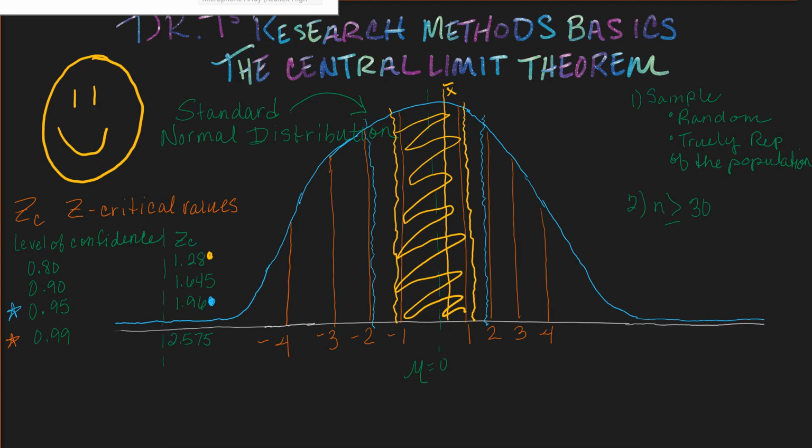We can find our sample mean, and if it falls between negative 1.96 and positive 1.96, we can say that our sample mean, with 95% confidence, falls between 1.96 standard deviations of the mean. If we want to look for something that's really significant, we're after values that are way out here. Things that couldn't just happen by chance.